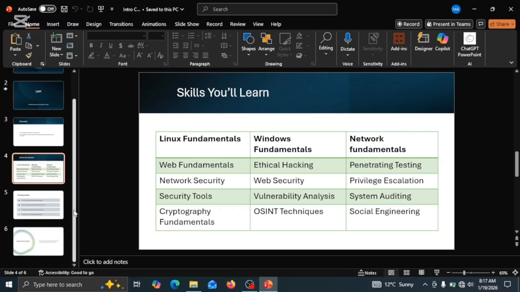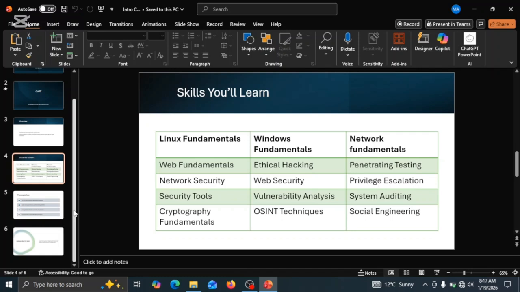What is ethical hacking? Web security, vulnerability analysis, OSINT techniques, which is used to extract information about any individual or organization. Network fundamentals, penetration testing. We will also be discussing privilege escalation.